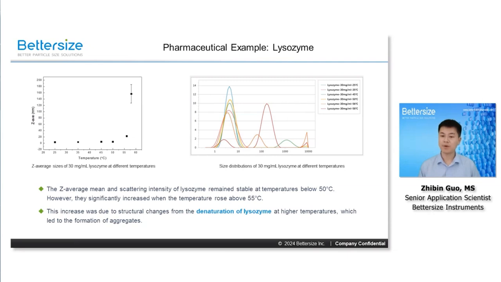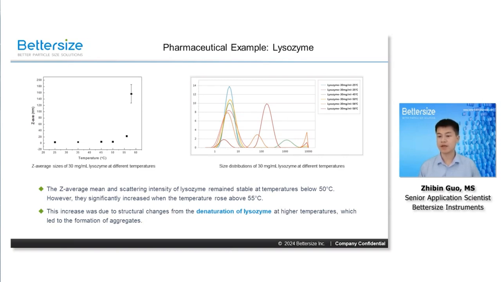In this slide, we will be discussing an example of lysozyme. Lysozyme was measured at a concentration of 30 milligrams per ml, with the temperature gradually increased to assess its impact on particle size. As you can see from the graph on the left, the Z-average size and scattering intensity of lysozyme remained stable up to 50 degrees Celsius.